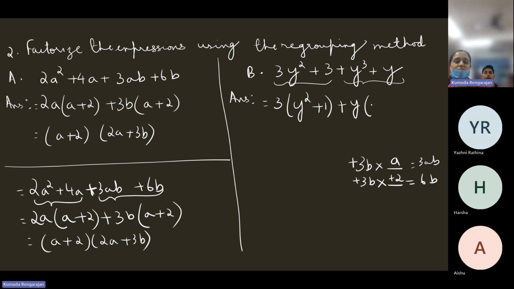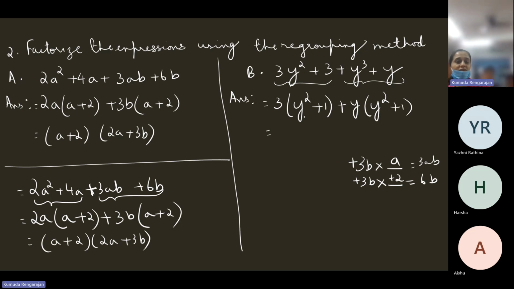y square. Then y into what will give you y? Not y. y into what is y itself? 5 into what is 5? 1. 5 into 1 is 5. So y into 1 is y itself.